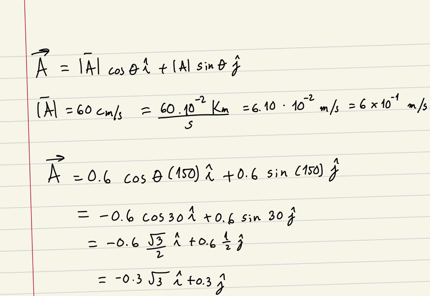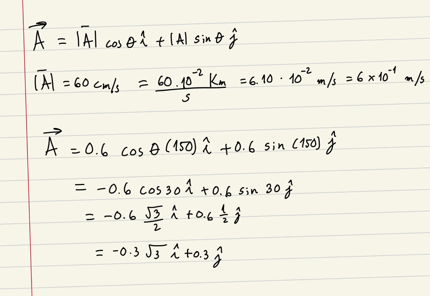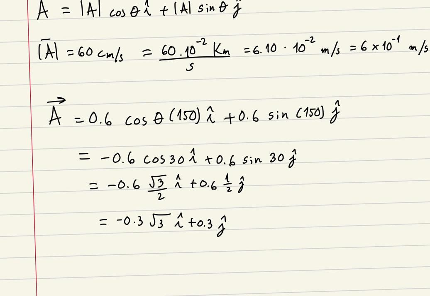Then we put that value again into the original equation, and it's 0.6 cosine of 150, the angle, of I, plus 0.6 sine of 150 J. So we simplify, it's negative 0.6 cosine of 30 plus 0.6 sine of 30.